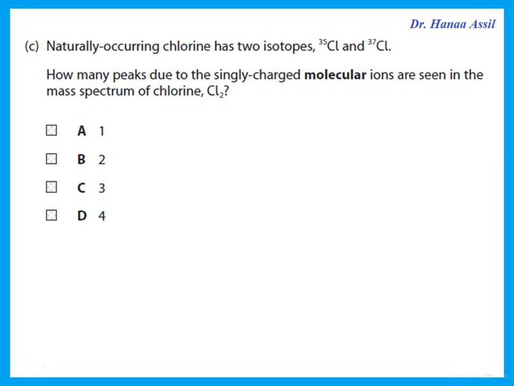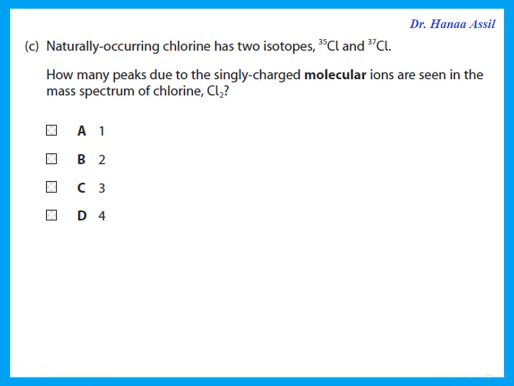Naturally occurring chlorine has two isotopes, 35 and 37. How many peaks are due to the singly charged molecular ions? Molecular means I have two chlorines in the Cl2.